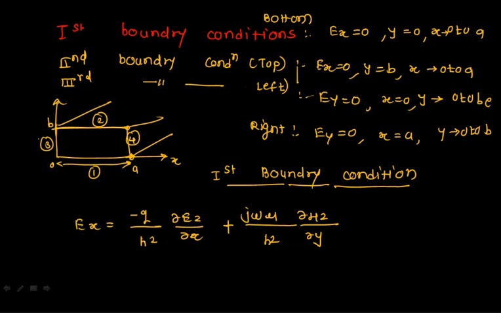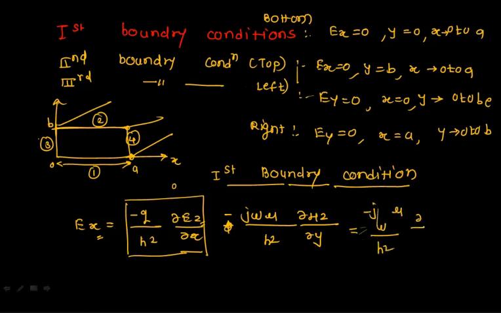If Ez is equal to 0, as this is the TE wave, the first term will automatically become 0. So I can go for the second term, which, I guess, is minus j omega mu divided by h square d by dy of Hz.